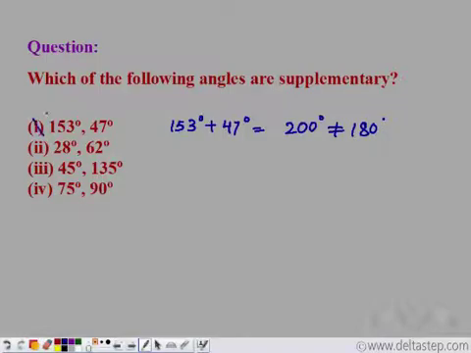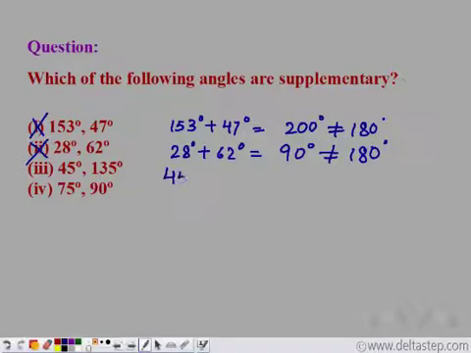Hence, these angles are not supplementary. 28 plus 62. 28 plus 62 is equal to 90 degrees, which is not equal to 180 degrees. Hence, even these are not supplementary.